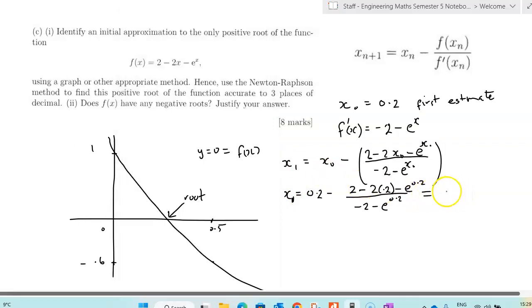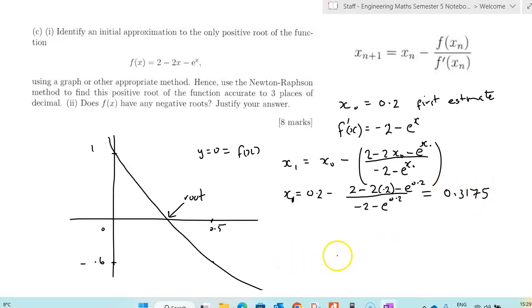Okay, so 0.3175. Now I'm going to put this into the calculator for x2.